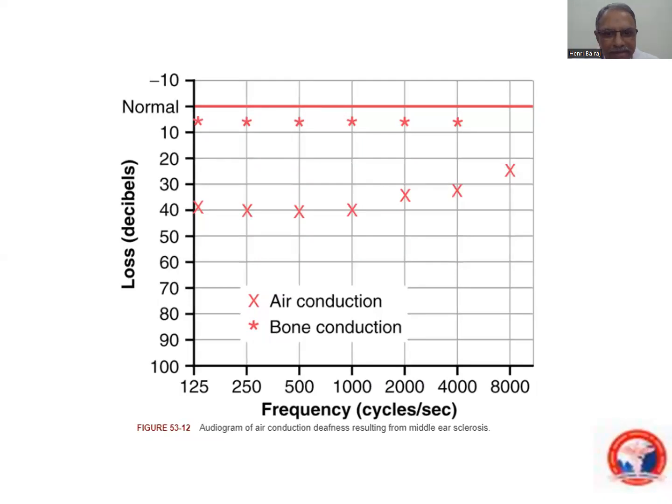Audiogram of air conduction deafness resulting from middle ear sclerosis. So here the recording starts at 125. At higher frequency, the air conduction is heard better because at higher frequency the movement of the movable parts of the middle ear and the inner ear occurs better.